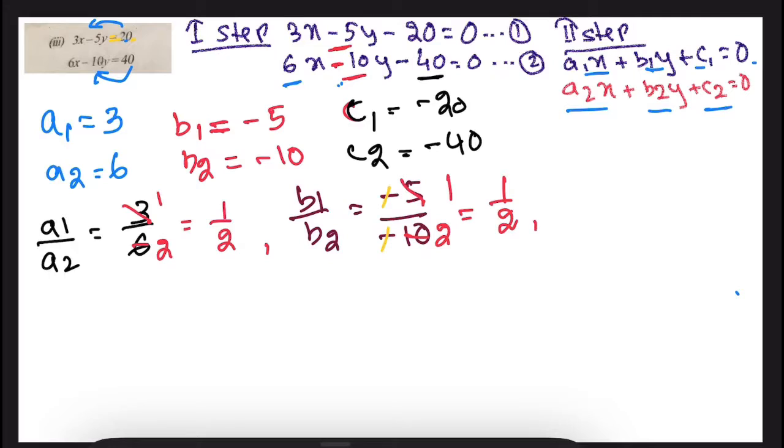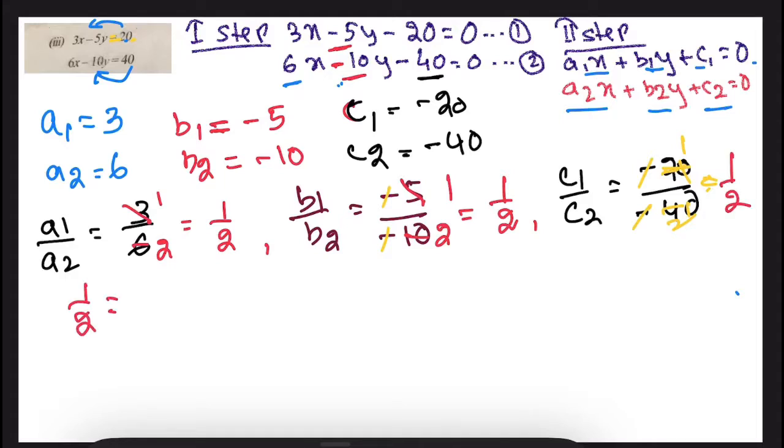Now let us go for c1 upon c2. c1 is minus 20 and c2 is minus 40. The minus signs cancel, the zeros go, 2 ones are 2, 2 twos are 4, that equals 1 upon 2. Now you see 1 upon 2 in the first case, 1 upon 2 in the second, and in the third case also 1 upon 2.